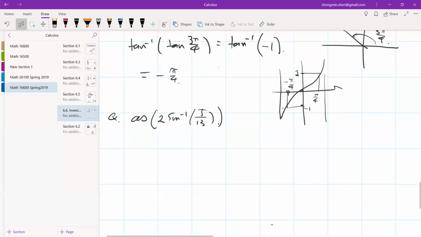Okay. So this is the angle, all right? So we know that sine of theta equals 5 over 13. We want to find cosine 2 theta, right? Basically.